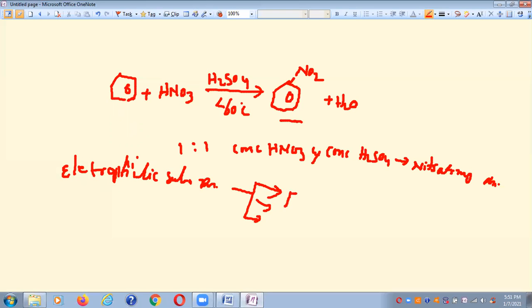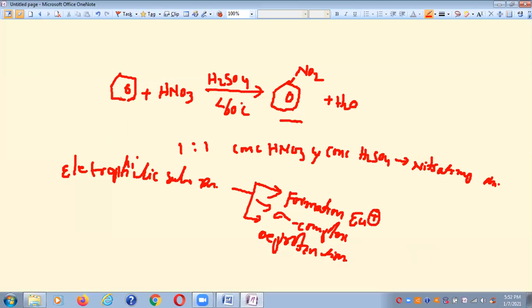The first one is formation of the electrophile, which we generally denote as E plus. The second one is formation of the sigma complex. And the third step is deprotonation. So these are the steps involved in the synthesis of nitrobenzene.